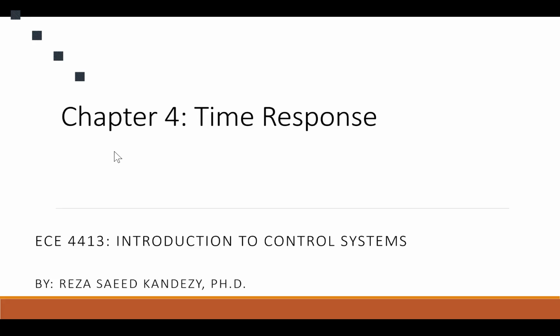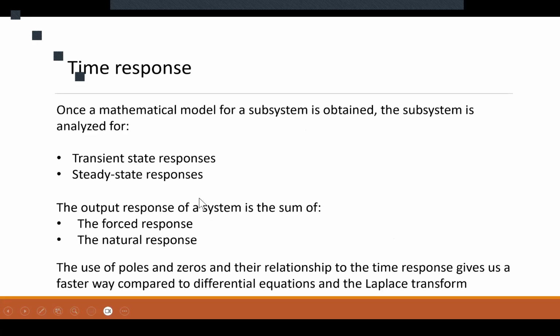Now, work with me. Basically, when you develop the mathematical model for your system or subsystem, it could be, as we said, a transfer function in S domain or the state space in a time domain.